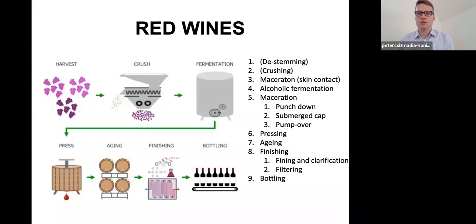Number two is also because high temperature can result in the rougher, more baked and jammy aromas to develop. So what you want to retain is really that nice, fresh, crisp quality of the fruit.